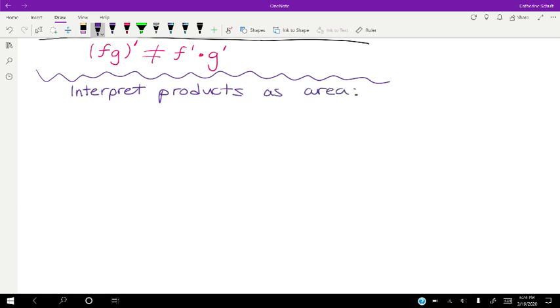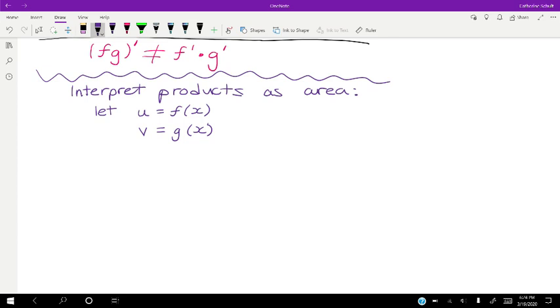This is how we're going to do it. We're going to let our variable u equal our f of x function, and we're going to let v equal our g of x function.